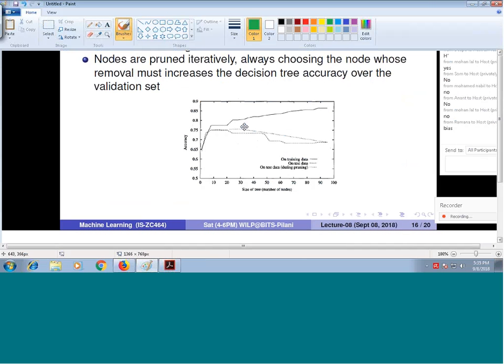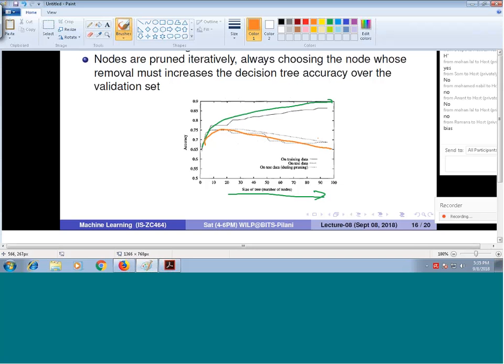So what I'd say is that this graph is important: when the size of the tree grows, your accuracy increases. This is for sure, and on the testing data you are expecting that this is going to be the behavior.